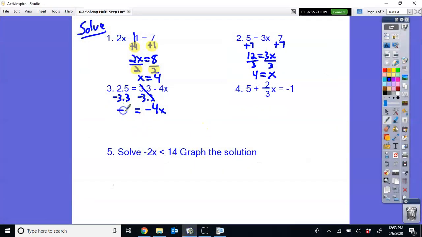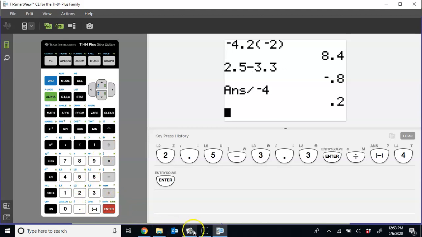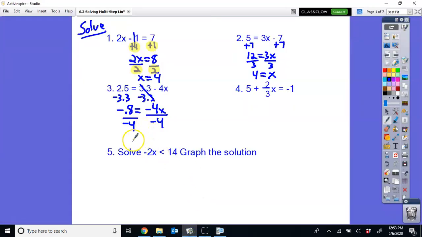So just be careful. That's all I'm asking. Then we divide by negative 4. If I divide this negative 0.8 by negative 4, it will tell me 0.2. So my answer for x is 0.2.